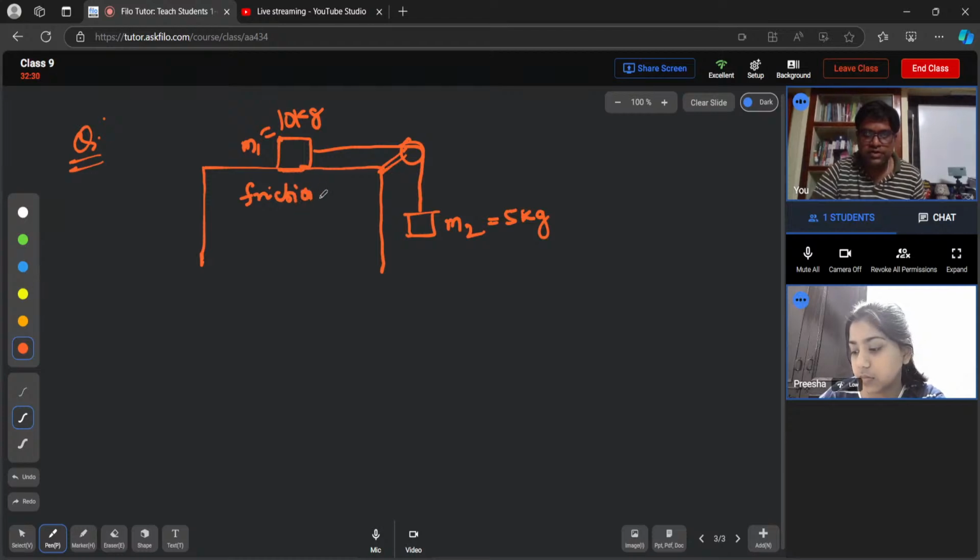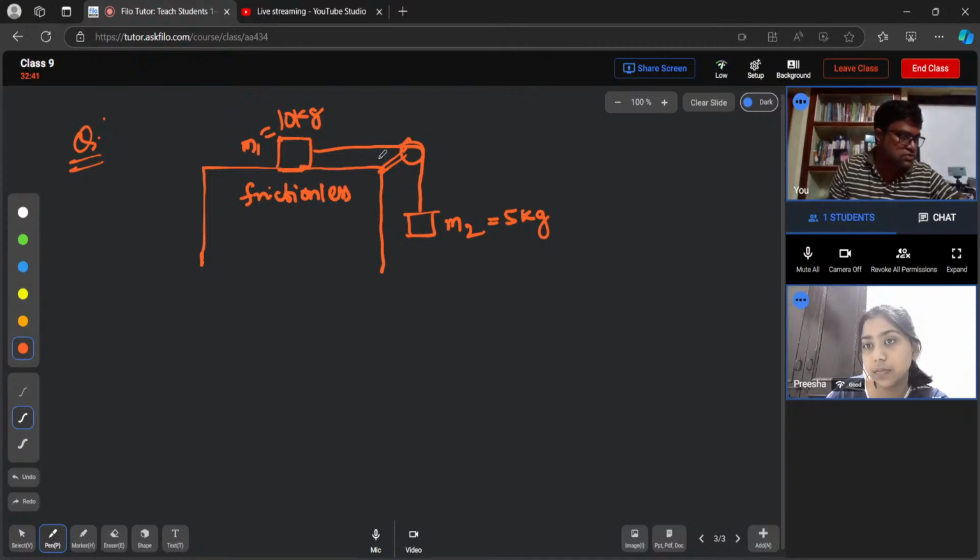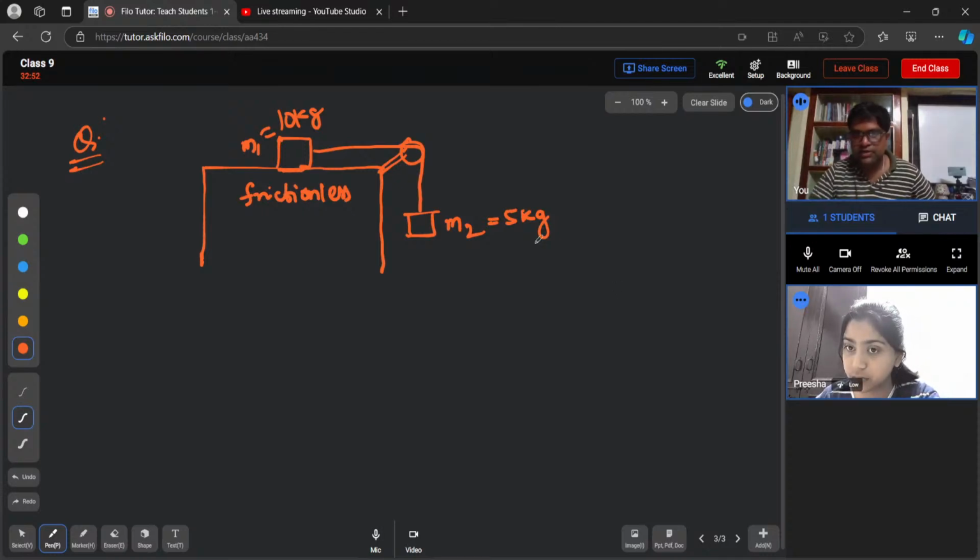If friction is there, then the equation will change. We'll discuss it when we start including friction in different situations. For this case, the question is: find the acceleration and tension in the system.